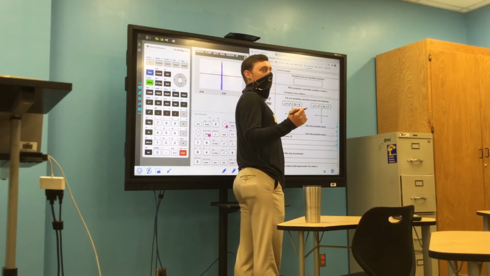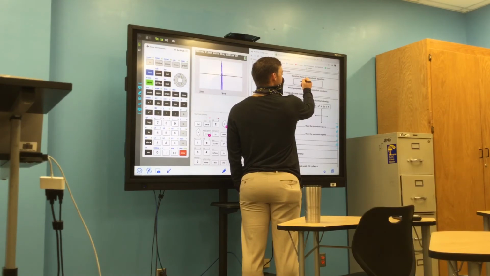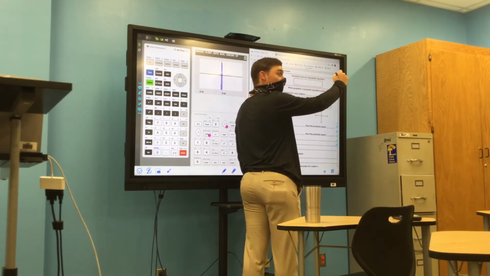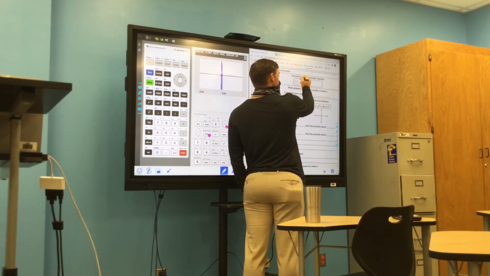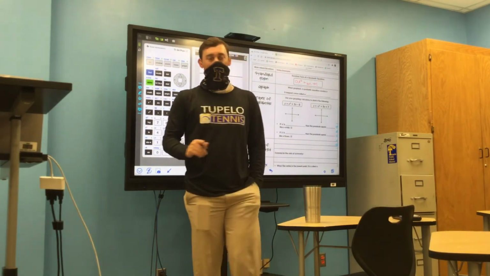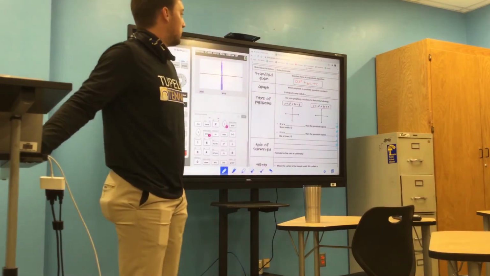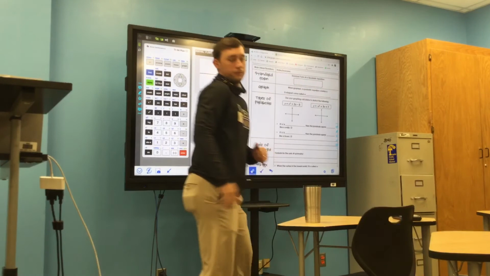What is standard form of a quadratic equation? Y equals ax squared plus bx plus c. Right? That's your standard form. Y'all should know this. For sure.